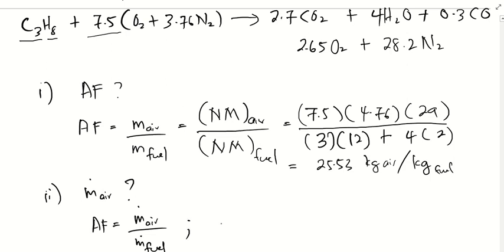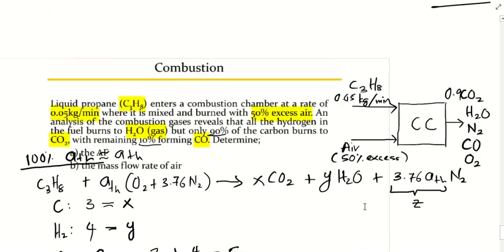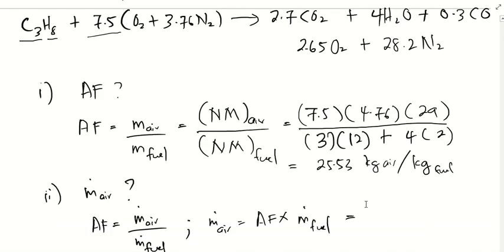So from here, m dot air is AF multiplied with m dot fuel. The m dot fuel is given 0.05 kilogram per minute. So from there you're going to get 1.18 kilogram air per minute. If they ask you for kilogram per second, you just convert. So that's all. Thank you.